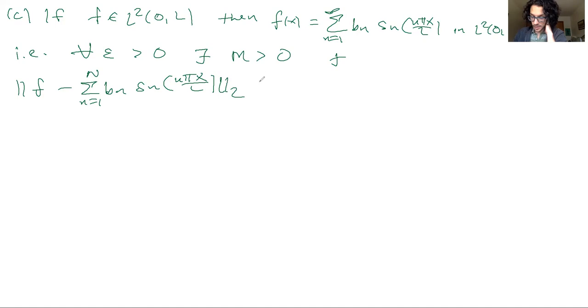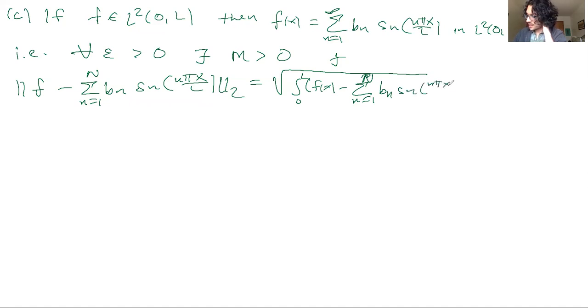is going to be equal to, right, the square root of the integral from 0 up to L of f of x minus the sum, n equals 1 up to capital N, b_n sine of n pi x over L, dx, this whole thing squared, dx, right, is less than epsilon, okay, for any n greater than or equal to capital N, okay?